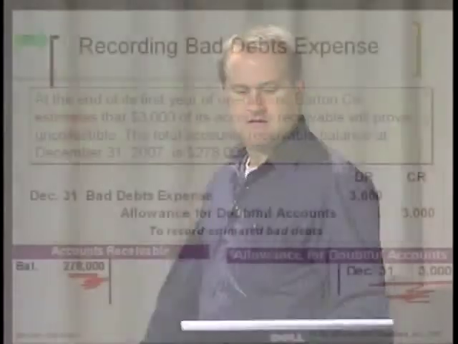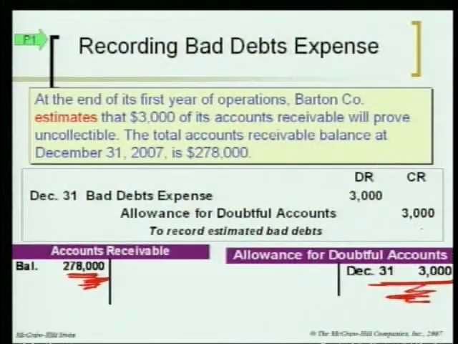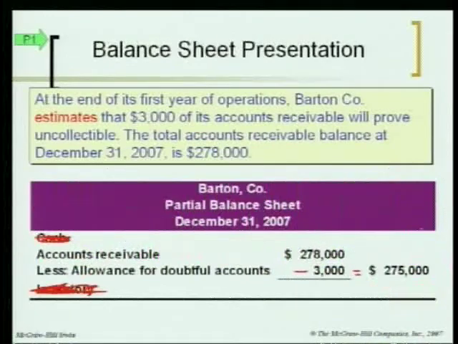The way that we do that is by using this allowance account. We credit allowance for doubtful accounts. We do not have to go to anybody's detail and change the amount that they specifically owe us. And yet, on the balance sheet, the net AR is reduced. Do you understand why we use that allowance account?